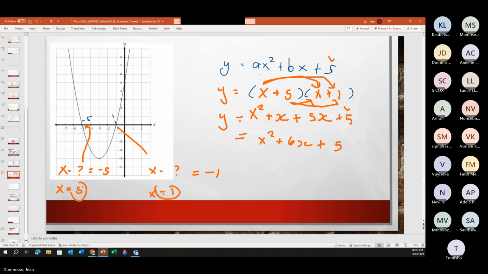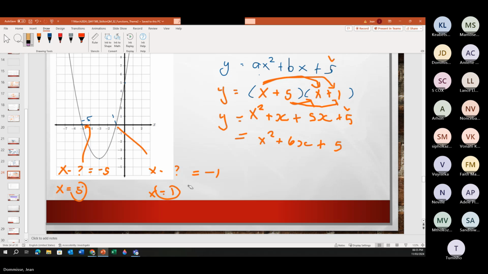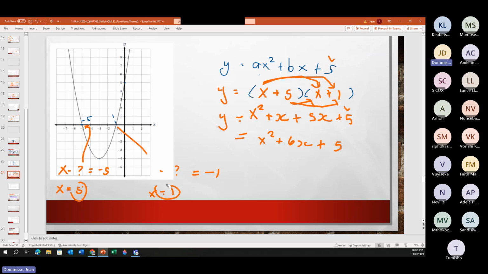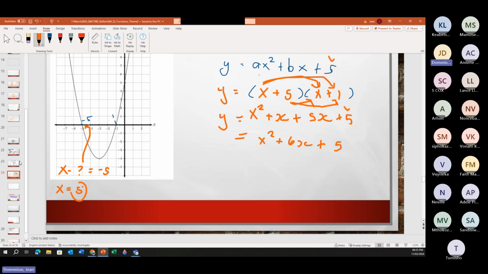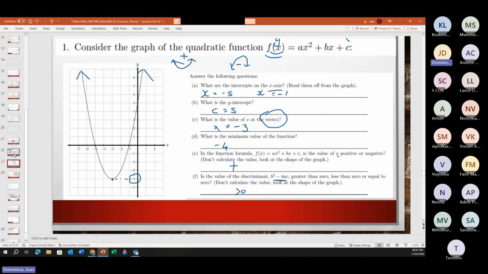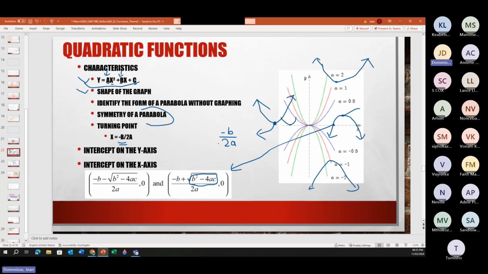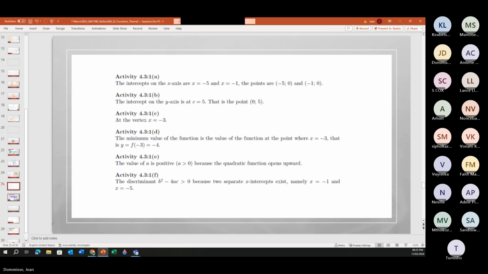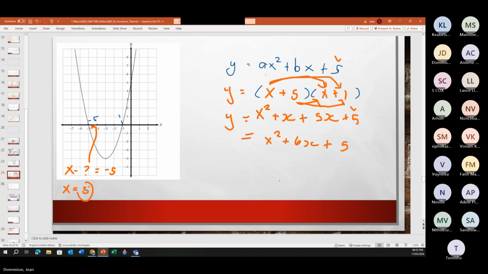So we have looked at the turning point. So remember, we set the formula for the turning point. Where was it? Minus b over 2a. So let's see, is that turning point minus b over 2a?